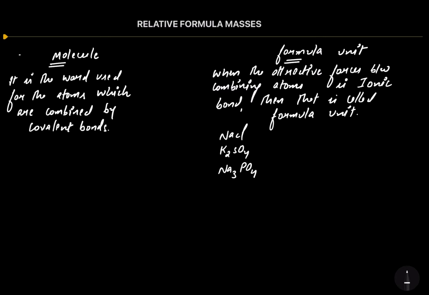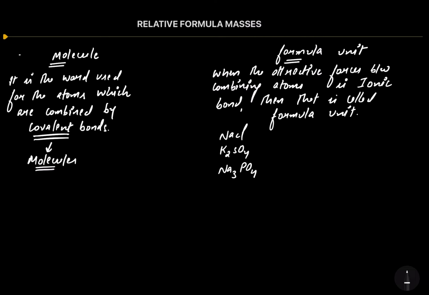The name given to the formula of an ionic compound is called formula unit, but the name given to compounds in which the interactive force is covalent bond is called molecules. When the interactive forces between the combining atoms is covalent bond, the word used is molecule.